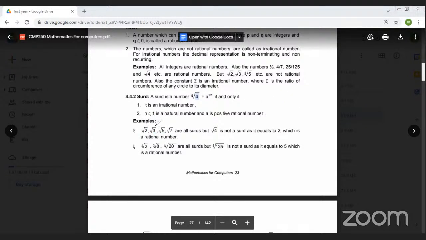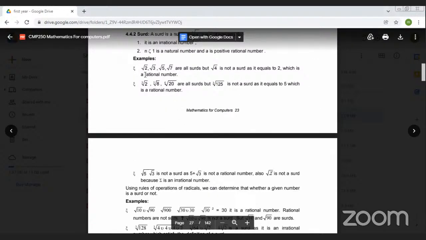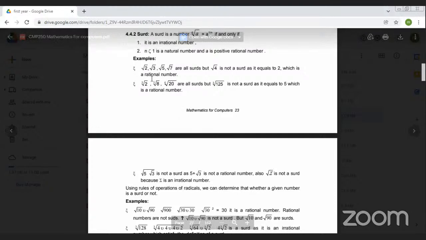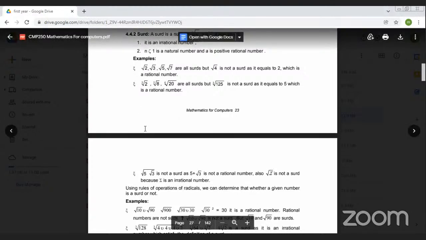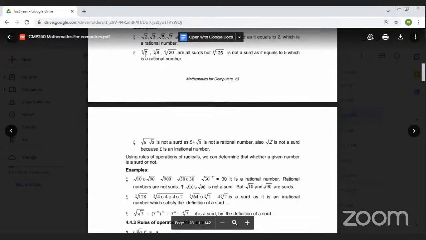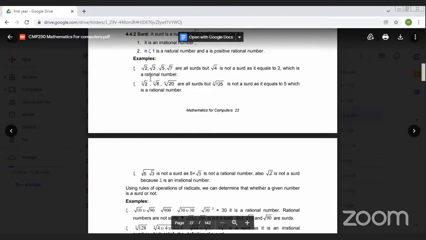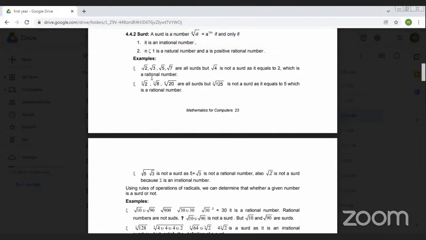Now let's see the examples given below. Let's take this one, cube root of 2. Obviously, you won't be able to find it, so it becomes an irrational number. Fifth root of 8. Now see, here the value is 8, but it is raised to the power of 5.